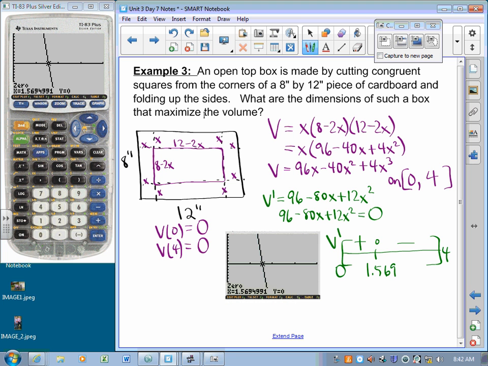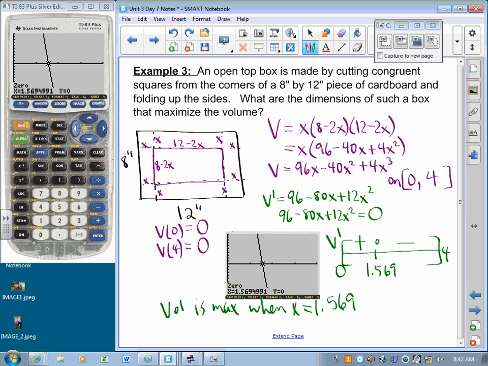So I know that if x is 1.569, volume will be at a maximum. So I know volume is maximized when x equals 1.569. And that's the way we're going to say it.